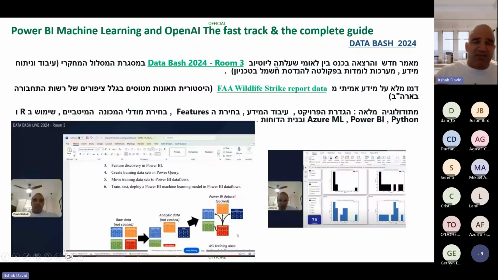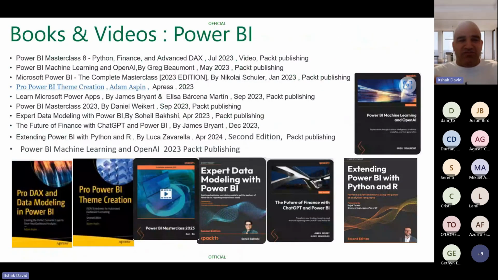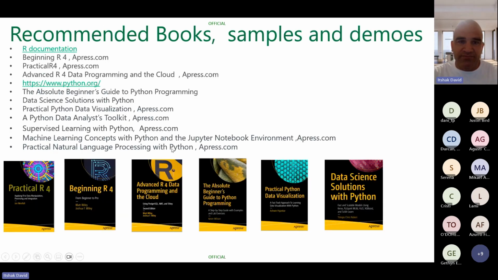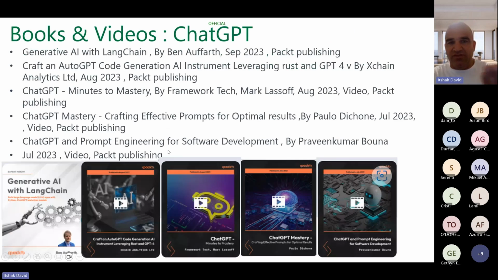I'm not a smart guy, but I love to read a lot of books. So these are the books I used for this session. You can see a lot of books. By the way, products, Power BI, semantic model creation, etc. Especially most of them from Apress and Packt. These are recommended books with samples in Power BI and R, and books and videos on ChatGPT.